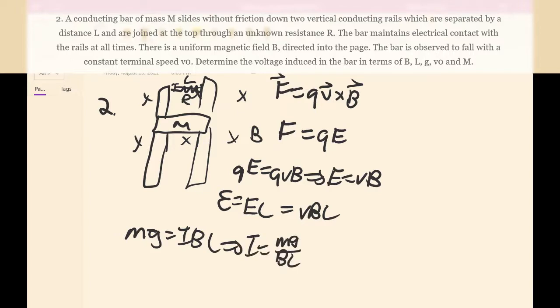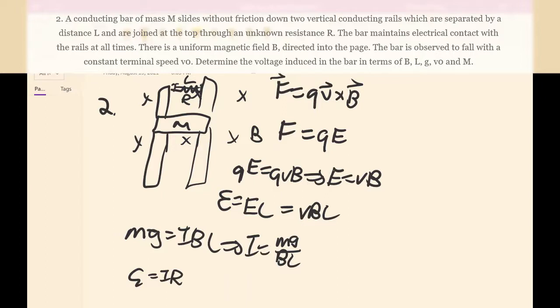And also, of course, the last part is Ohm's law, V equals IR. We know that epsilon has to be equal to IR because it's just like a circuit.